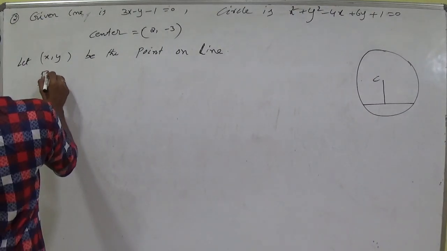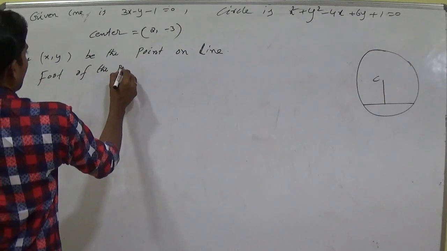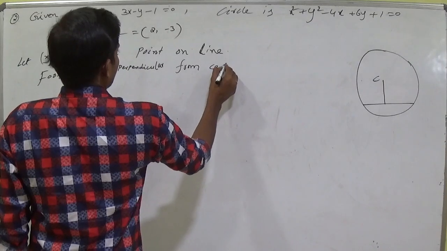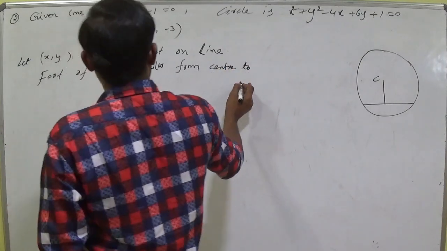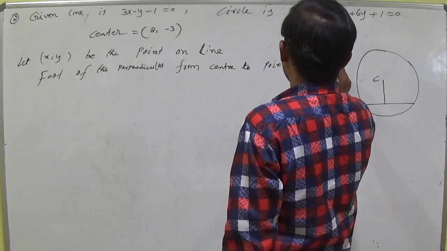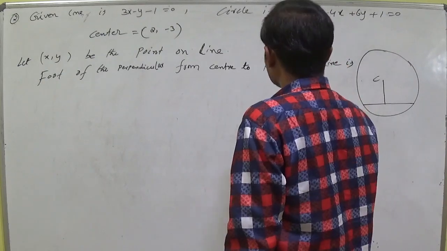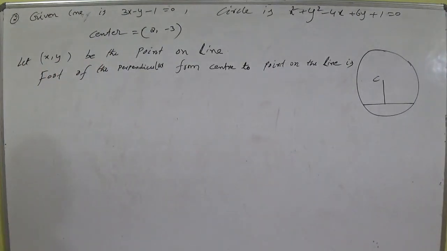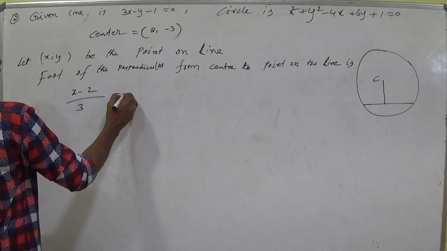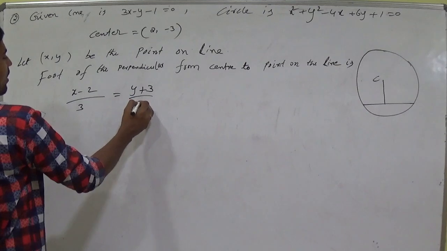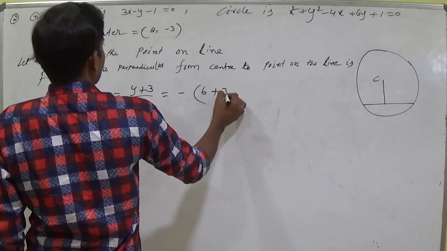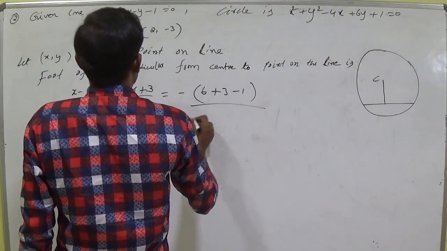Foot of the perpendicular from center to point on the line is (x minus 2) by 3, (y plus 3) by minus 1 equal to minus of (6 plus 3 minus 1) by (a square plus b square).